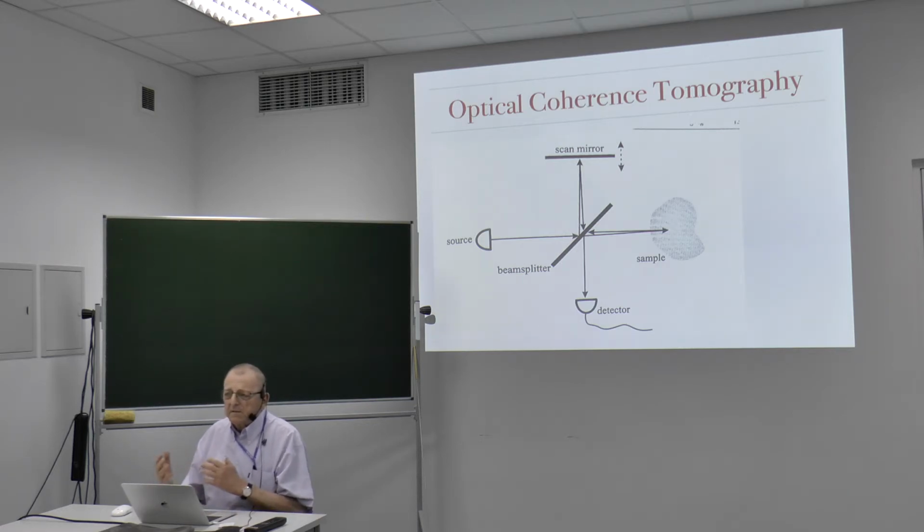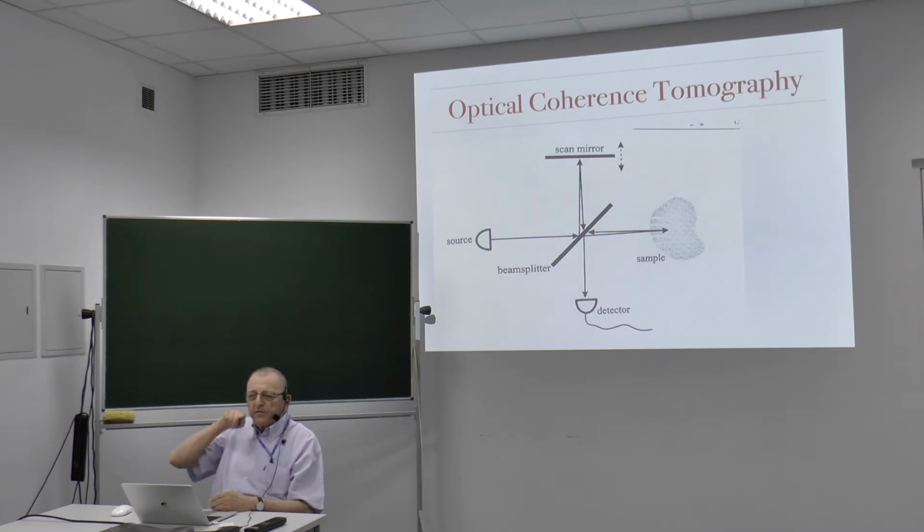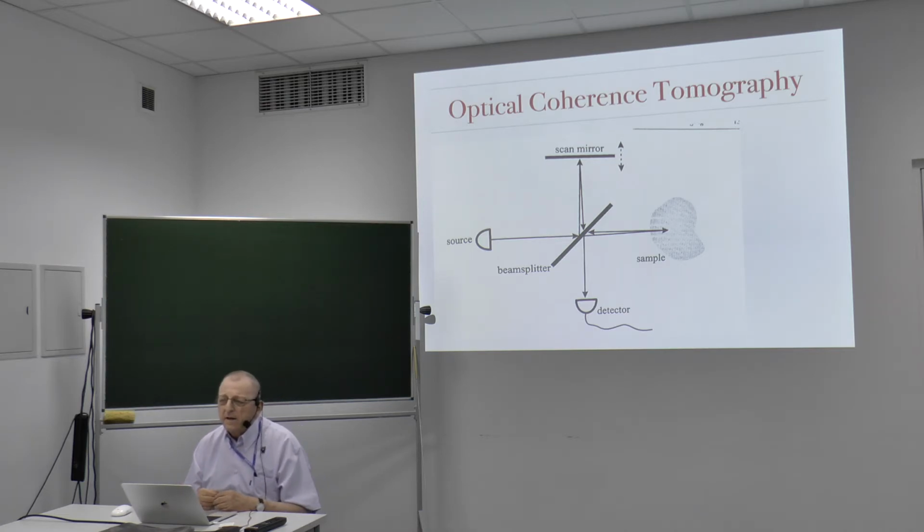But what is important is that real tomography is basically three-dimensional, constructed from many two-dimensional pictures. So what is not in this picture is that you have to do the same operation as here, but on a different plane with respect to our drawing, okay?